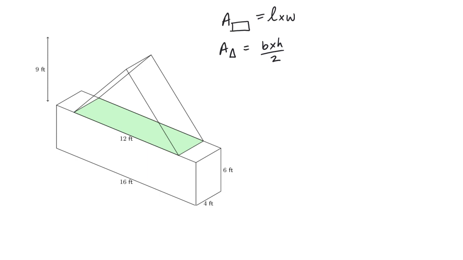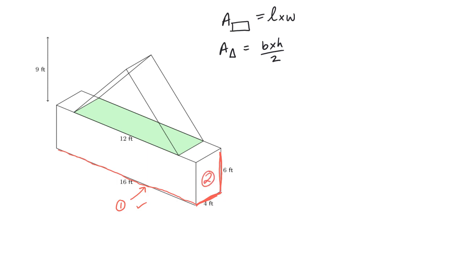So starting on the bottom, surface number 1, I need to know the length and the width. In this case, the length is 16 and the width is 4 for the bottom, so I'm good there. For the sides, I need to know the length, in this case a 4, and the width, which is a 6.